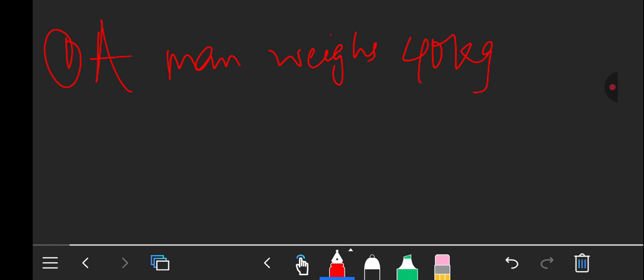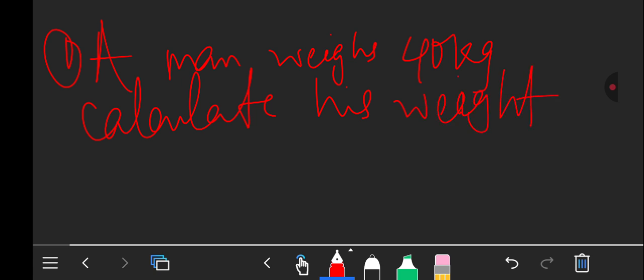Let's say a man weighs 40 kg. Calculate his weight on Earth.